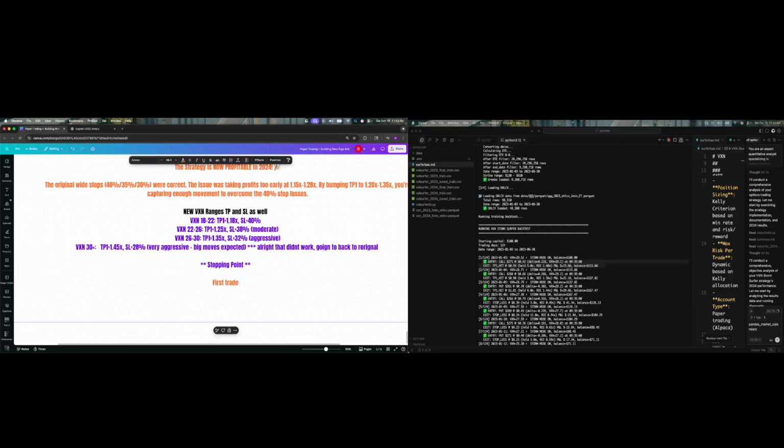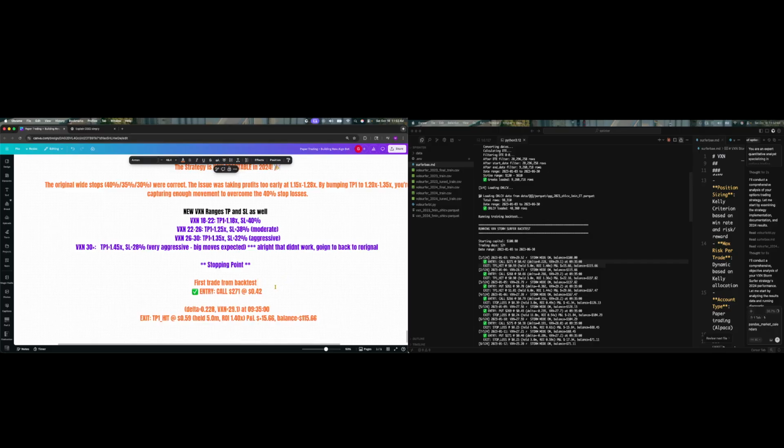First trade from the back test. All right, let's break it down. I really have to update these colors, but I'm just going to keep orange. Y'all can see orange, and it's not that bad.